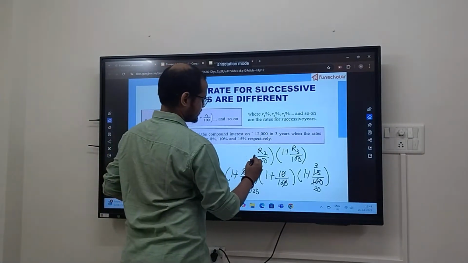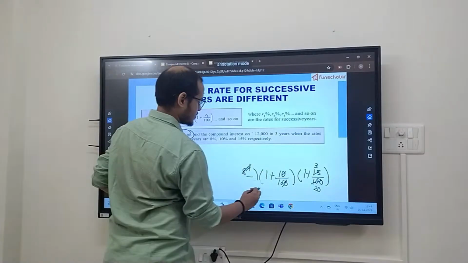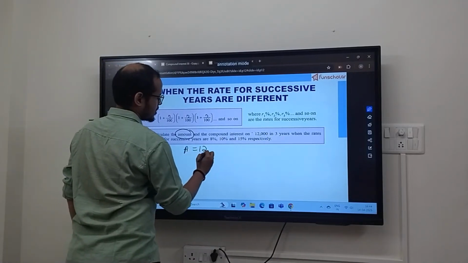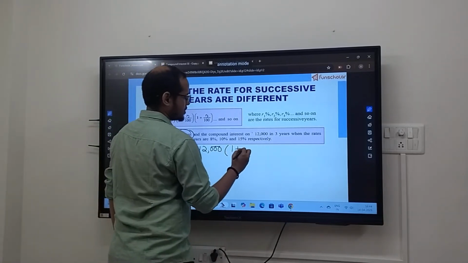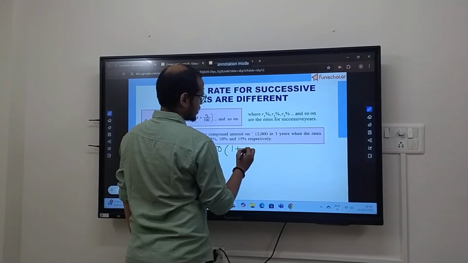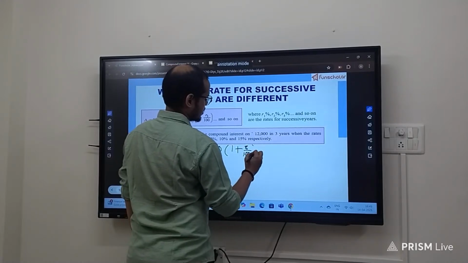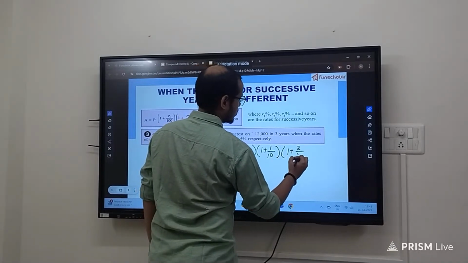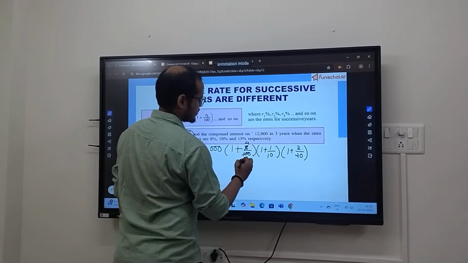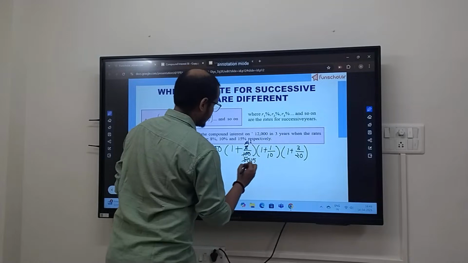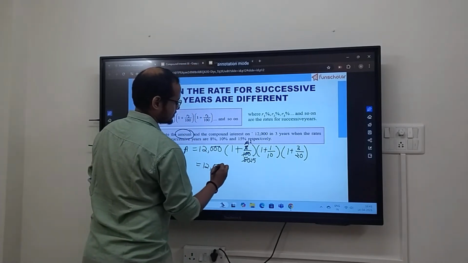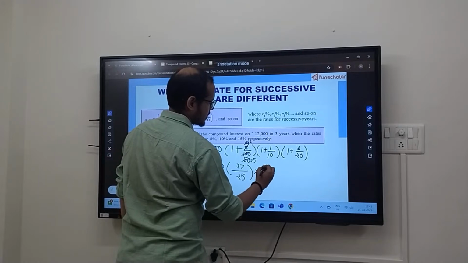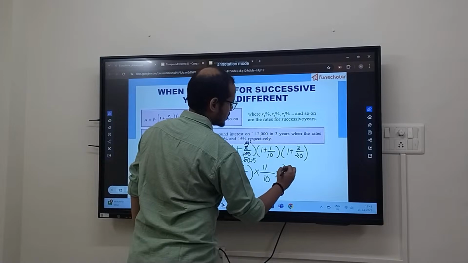We are getting amount is equal to 12,000 into (1 plus 8 by 100) into (1 plus 1 by 10) into (1 plus 3 by 20). This is 27 by 25, 11 by 10, 23 by 20.